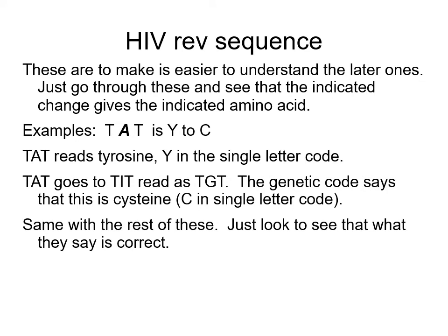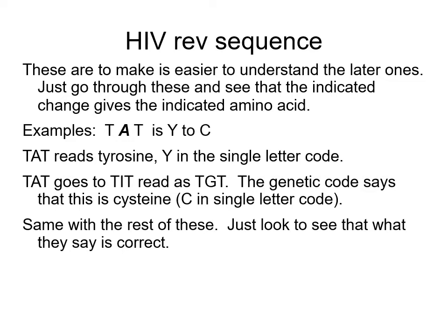Okay, so the HIV rev sequences, these are actually fairly simple because they're basically giving you the answer. They're giving you a series of amino acids that are encoded by the genome, and they're told what the editing event produces. So again, this is more practice at reading the genetic code than it is anything else. So the first example, we have a TAT, and we're told that the A has been edited, and we look and see what that means.